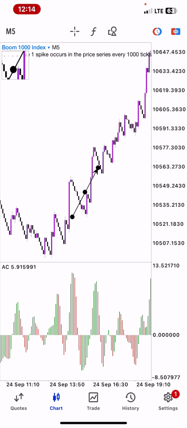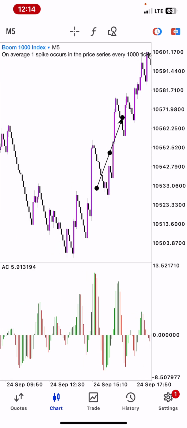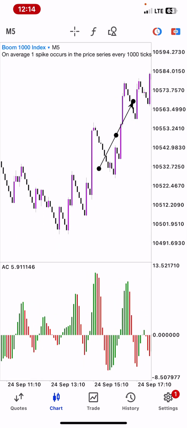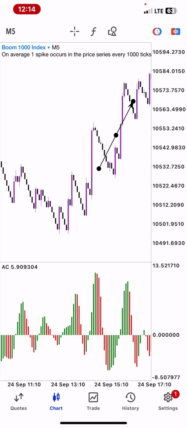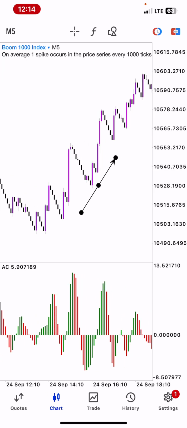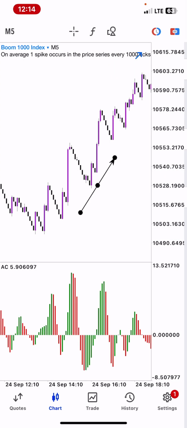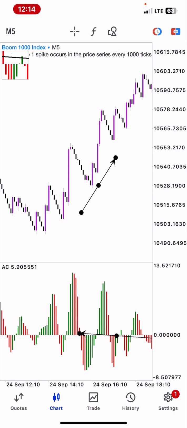So after identifying the trend, right now you will see this awesome accelerator oscillator. How to use this is very simple, and it's even self-explanatory because we have two colors down here, which is the green color and the red color.